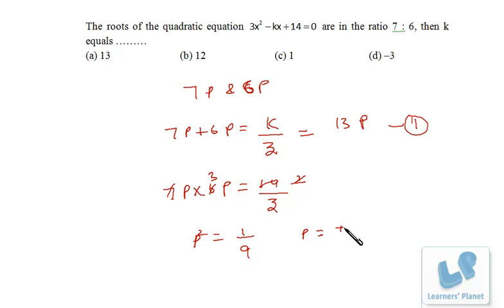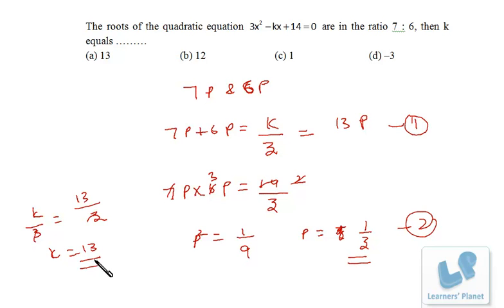So p is equal to plus minus, p can be positive only, so p is equal to 1 by 3, right? Now I just assume this to be the second relation. Now I put the value of p in this equation and I can get the value of k, right? So k by 3 is equal to 13p, that means 13 into 1 by 3, so k will be 13, right?